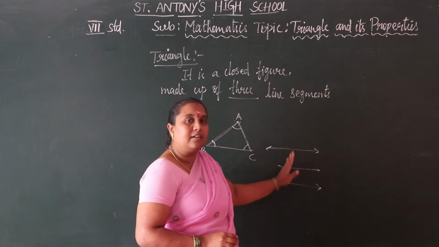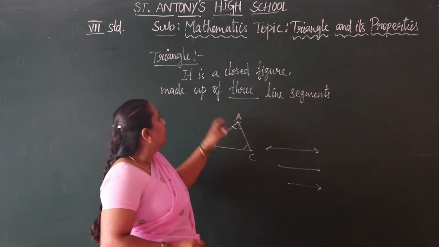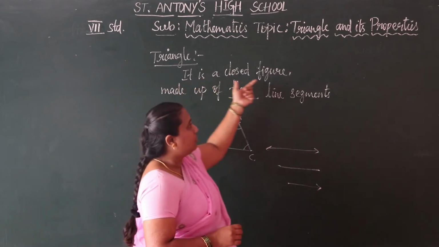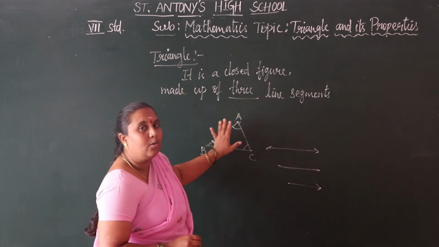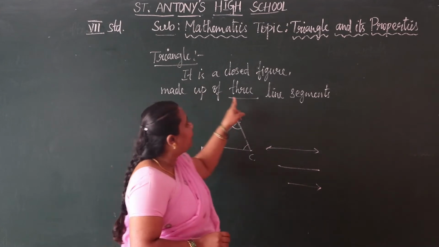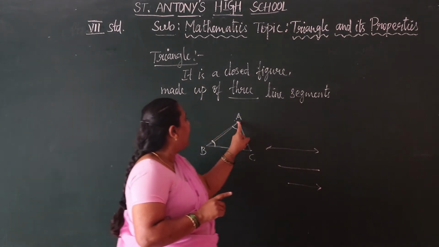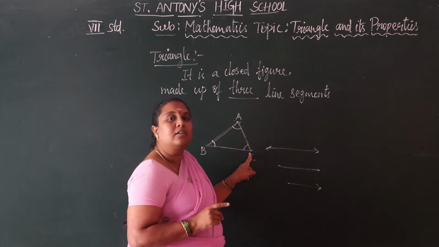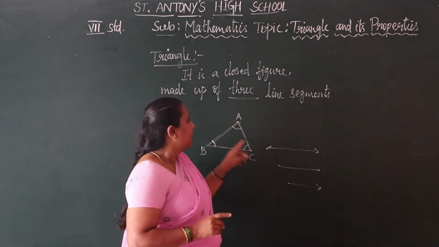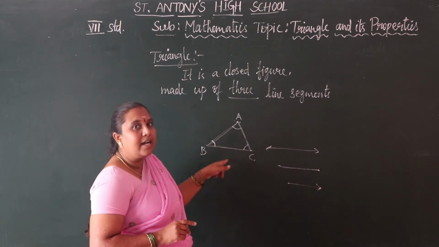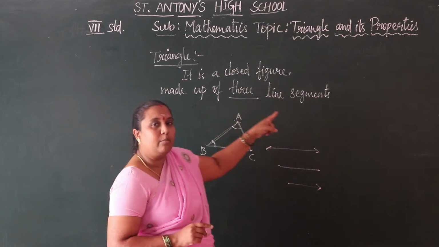Here we are seeing what a triangle is: a closed figure made up of three line segments. A line segment has end points on both sides.